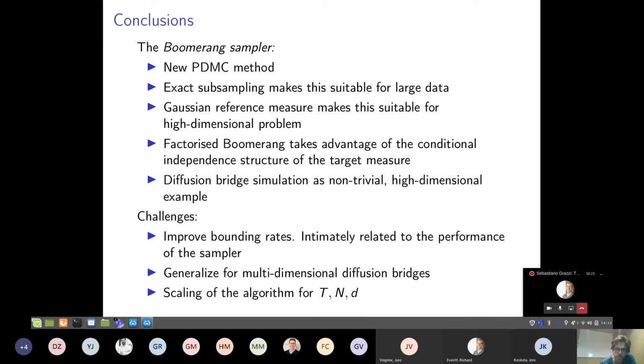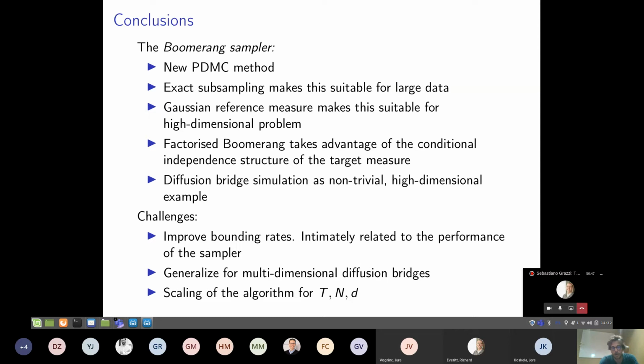What is definitely a challenge for the future is to improve the bounding rates of the boomerang sampler, because we noticed that sometimes the bounding rates can really affect the performance of the sampler.